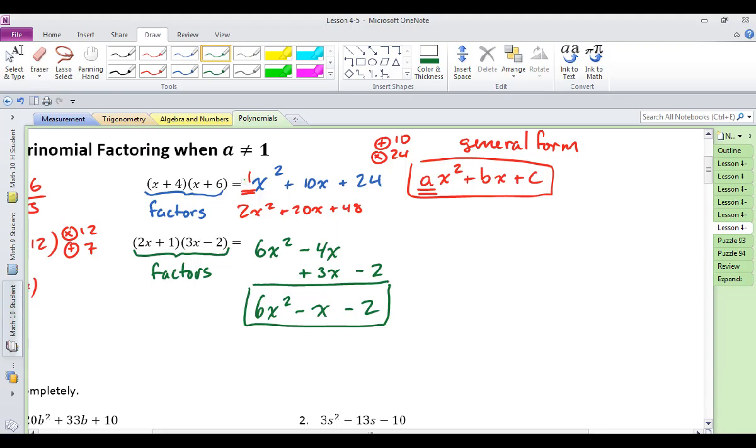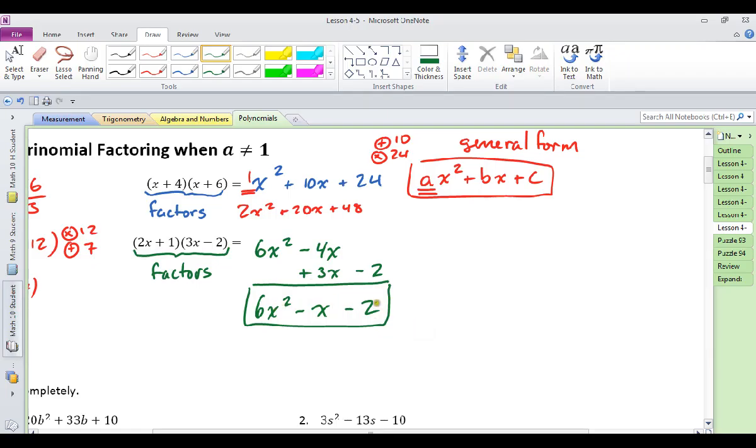Everyone cool? Okay. Now, observe. How much bigger is 6 than 1? 6 times bigger, yeah? Which means everything in here, if I were to factor out that 6, would have to be divided by 6, wouldn't it? Everybody with me?